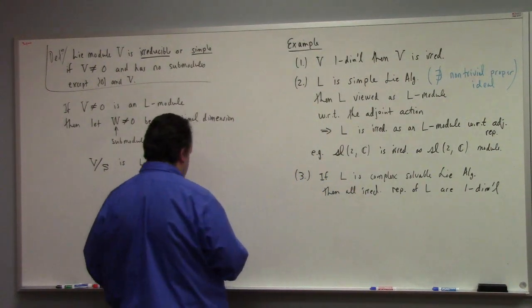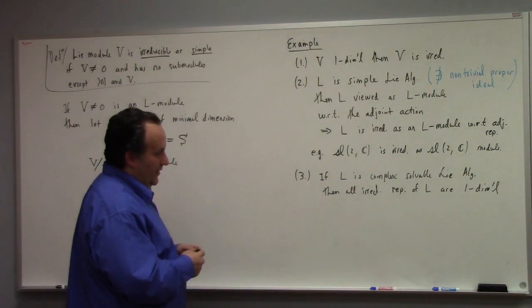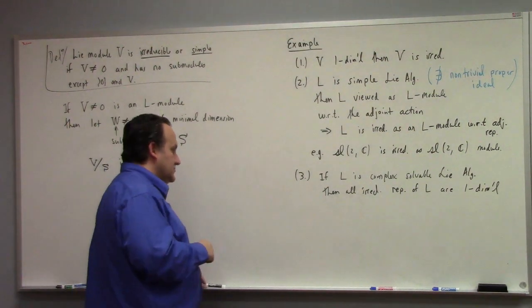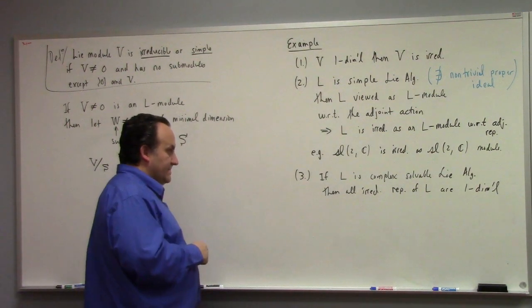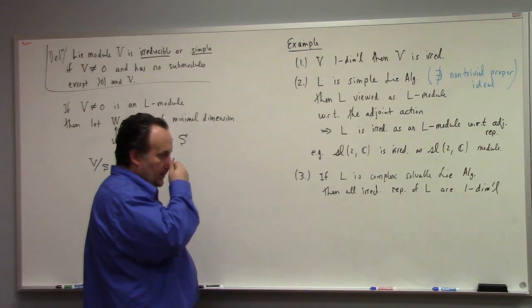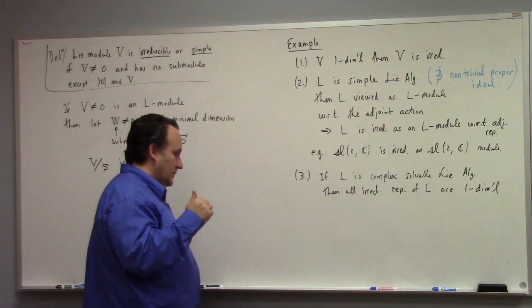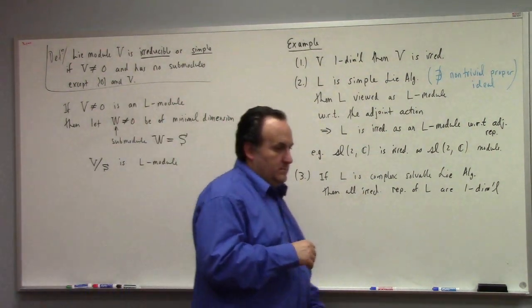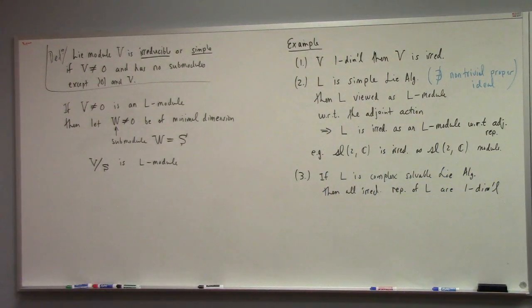Why is it irreducible? Why are they necessarily one-dimensional? I probably have to write the details of that example out again.